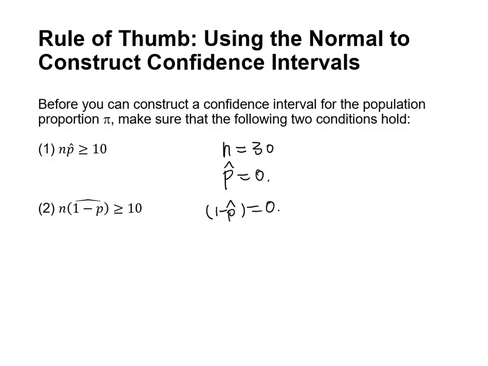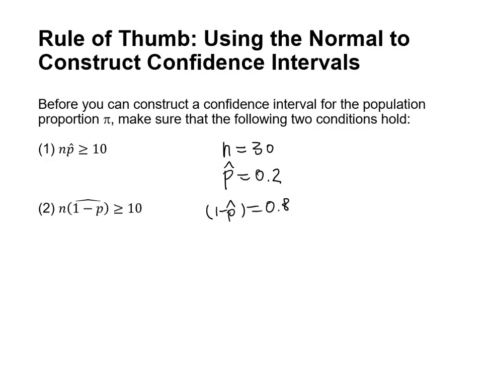But let's assume we have a situation like this. Only 20% said they go to the gym, whereas 80% do not. Now 20% of 30 is 6. This does not meet the first condition that n times the success probability needs to be at least 10.